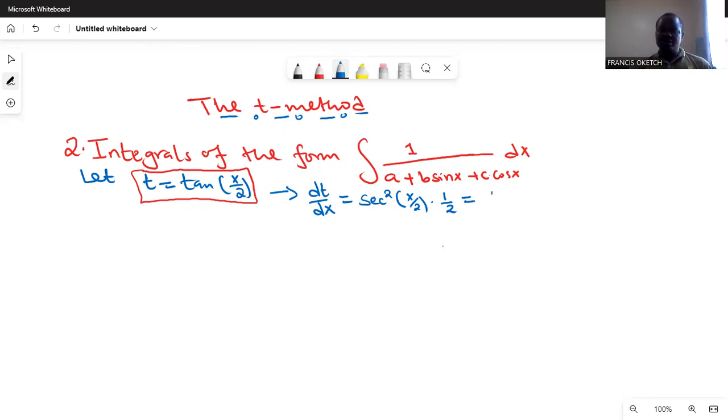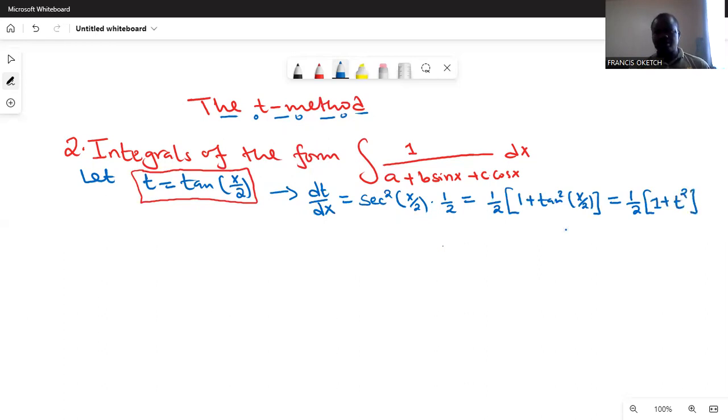So this can be written as 1 over 2 into 1 plus tan squared of x over 2. And you know tan x over 2 is t, so tan squared of x over 2 will be t squared. So this can now be written as 1 over 2 times 1 plus t squared.